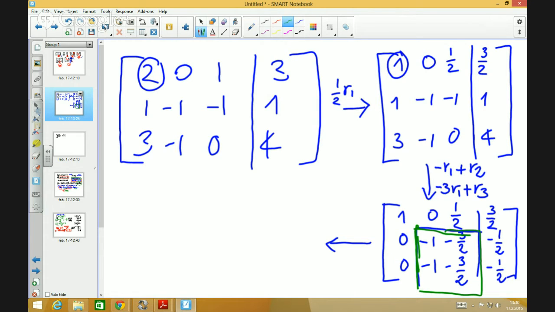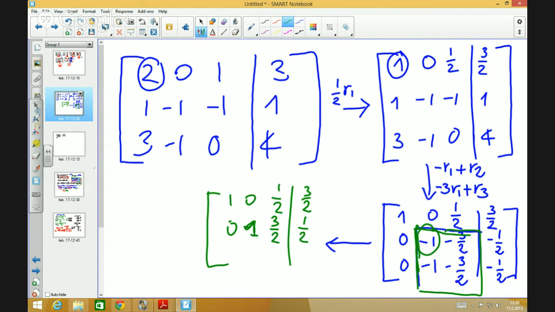Okay, so we want to get a 1 here. So what is it that we need to do? We need to multiply that by -1. Oh, sorry, -1. So this should be a 1. 3 over 2, 1/2. And we haven't touched the last row.